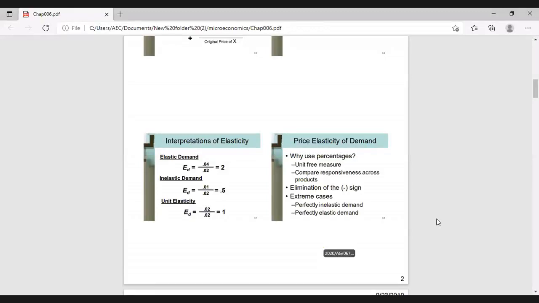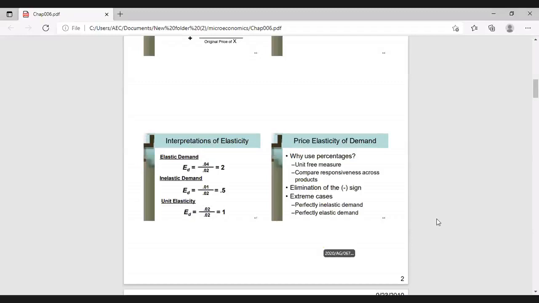Normally with food, because it's essential, even when the price goes higher, they will not reduce the quantity much. Even with a large increase in the price, they will not reduce food much, so the elasticity will be less than one.